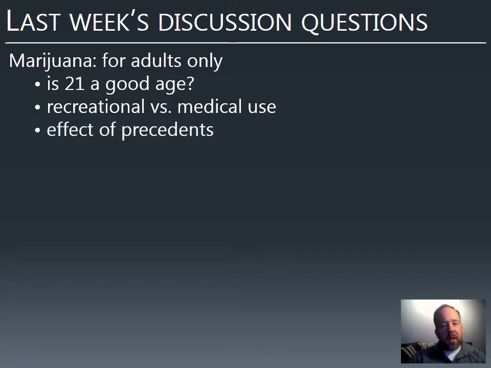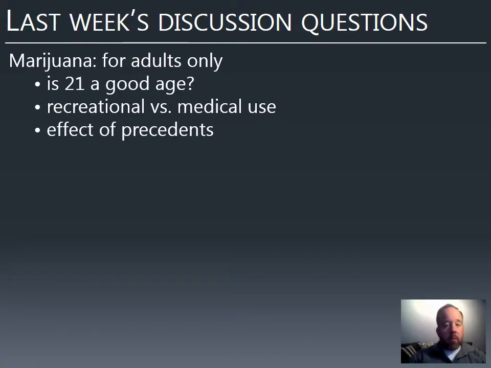That being said, 21, of course, is the legal drinking age in this country. It hasn't always been so, but it is currently and has been for a while. And so the question is, is it a good idea to have 21 be the age both for drinking and for marijuana use, regardless of developmental effects there?